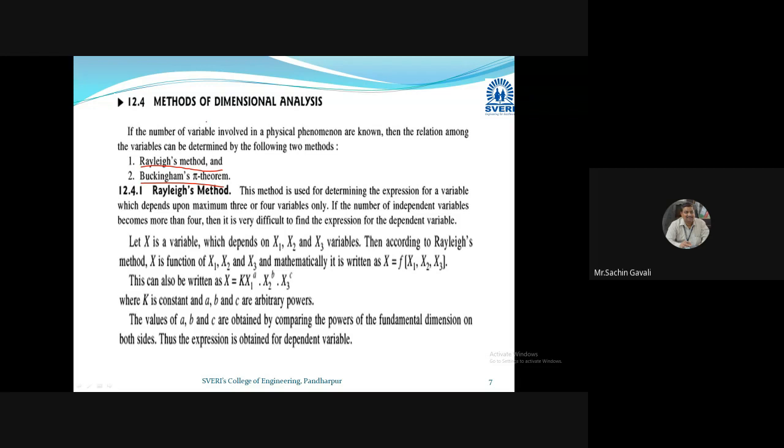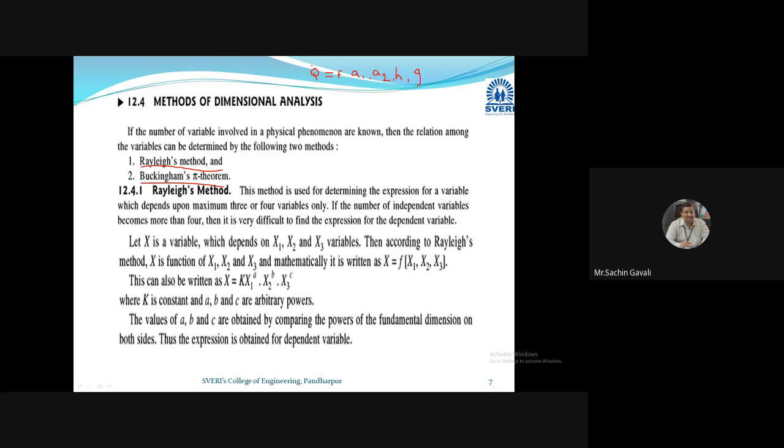For example, the discharge of the venturimeter is a function of the area of throat A1, A2, pressure difference H, and acceleration due to gravity G. So we say that the discharge through the venturimeter or orifice meter depends on A1, A2, H, and G. If the number of independent variables becomes more than 4, it is very difficult to find the expression for the dependent variable.